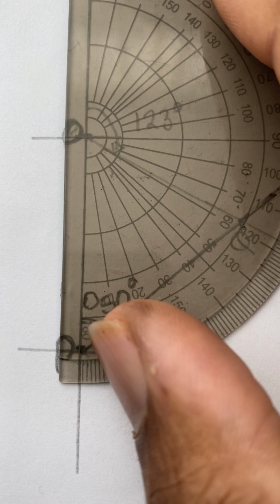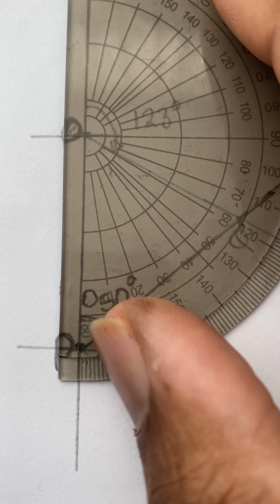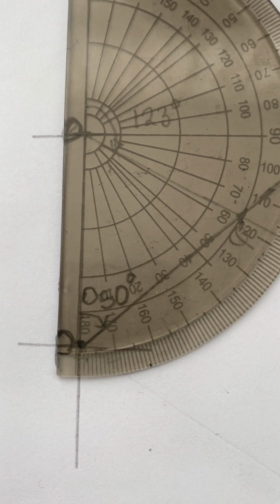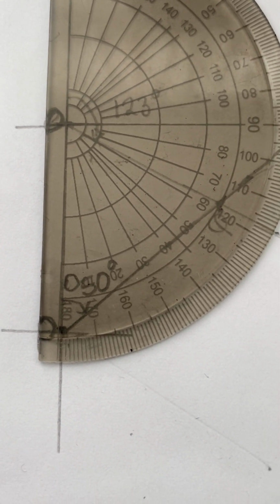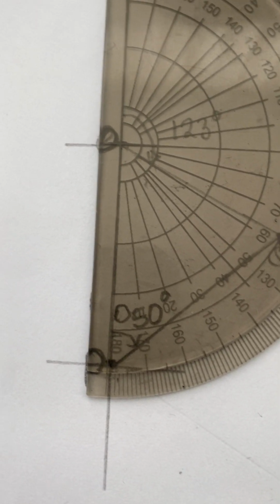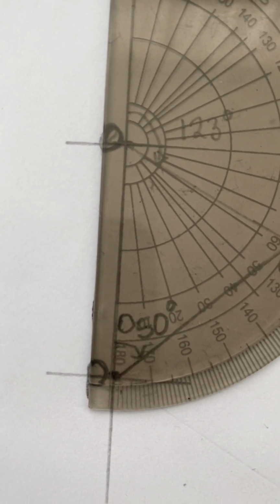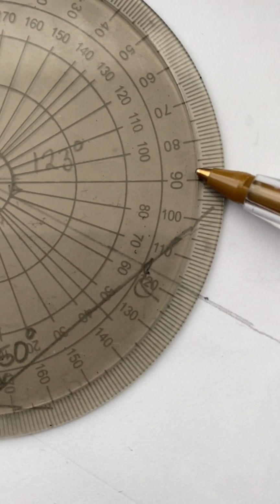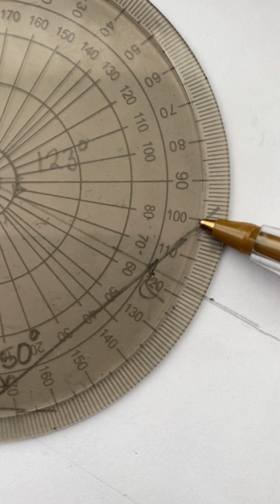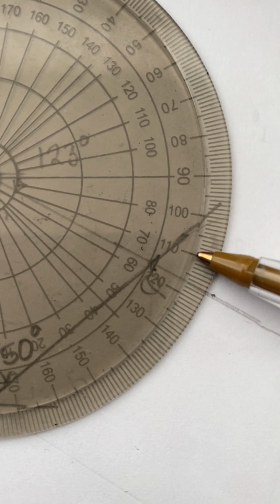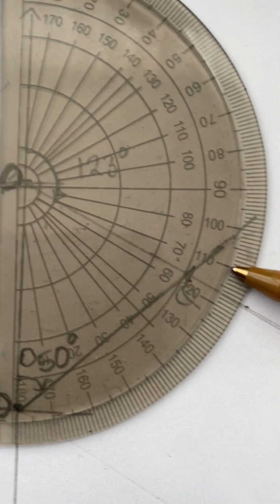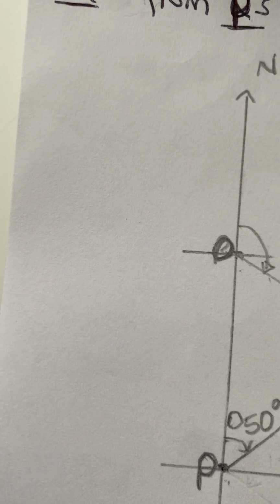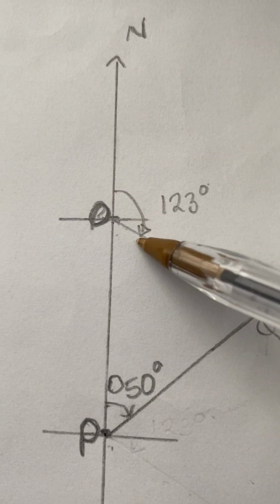You can also go and do it at home. So 90 here, 100, 110, and let's assume this is 123.